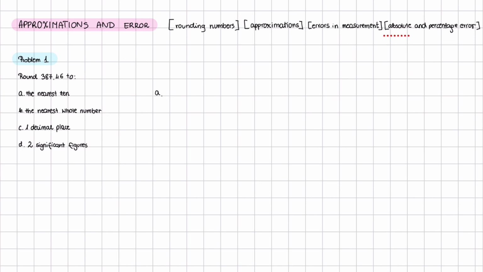The digit in the tens place is 8, and the next digit is 7, and 7 is greater than 5. So we have to round it up, and our answer is 390.